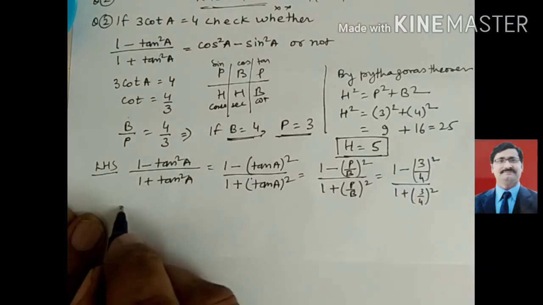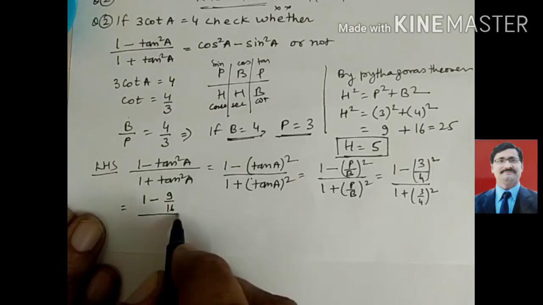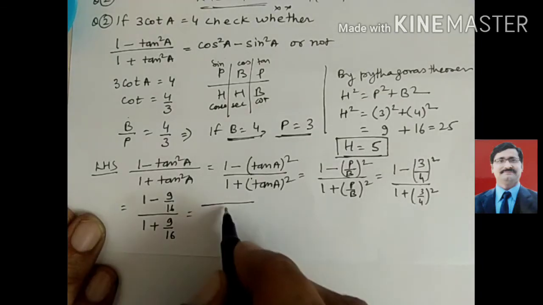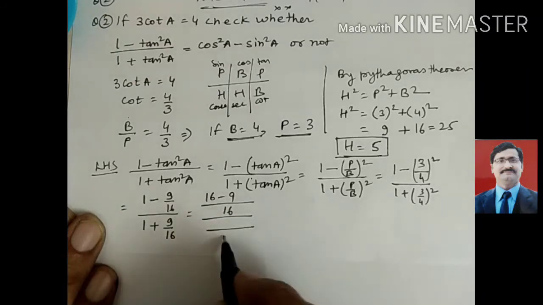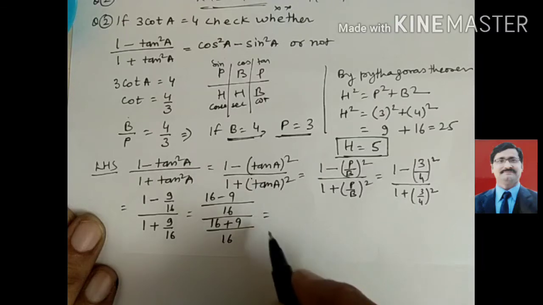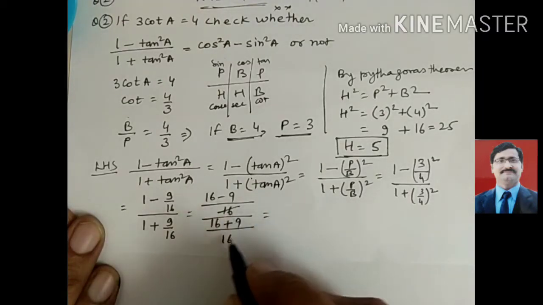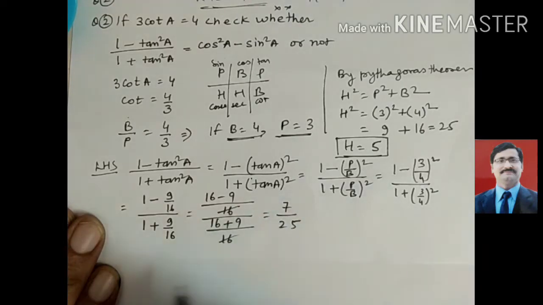Solving this, we get 1 minus 9 by 16 in the numerator, and 1 plus 9 by 16 in the denominator. Taking LCM 16, we get (16 minus 9) upon (16 plus 9). So 7 upon 25, as 16 cancels.